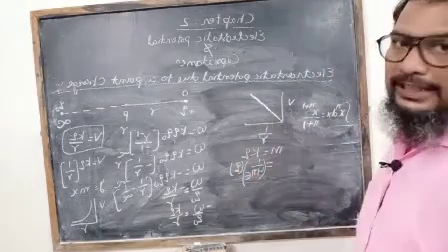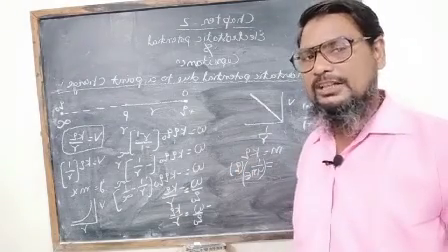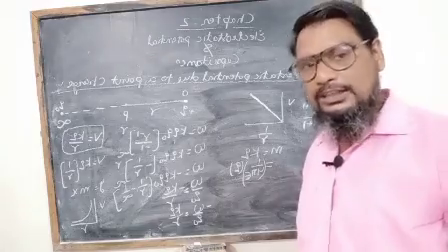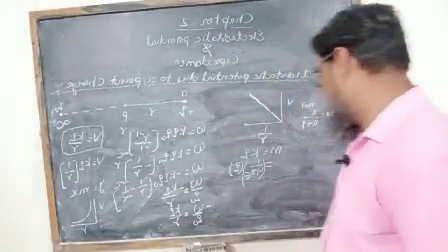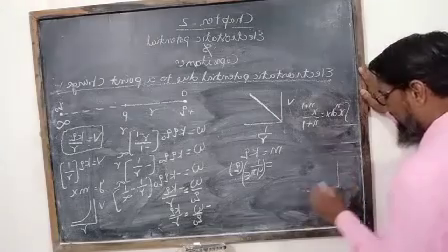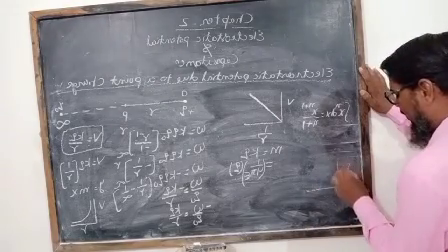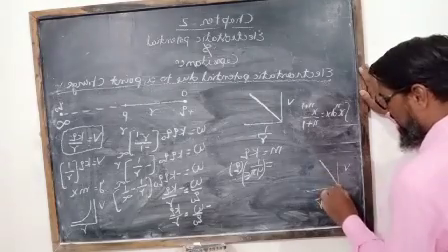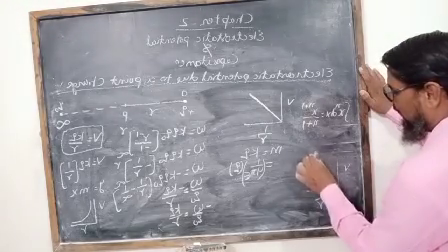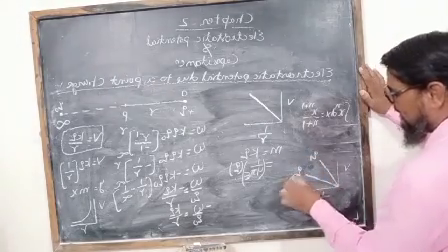For the greater magnitude of charge, the slope of the curve will be greater, and for the smaller magnitude of charge, the slope of the curve will be smaller. And we can draw the curve like this. If V is here and 1 upon R is here, two curves are obtained, one for Q1 and the other for Q2.